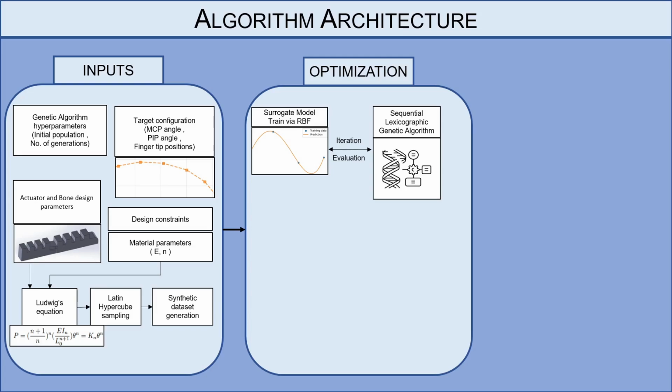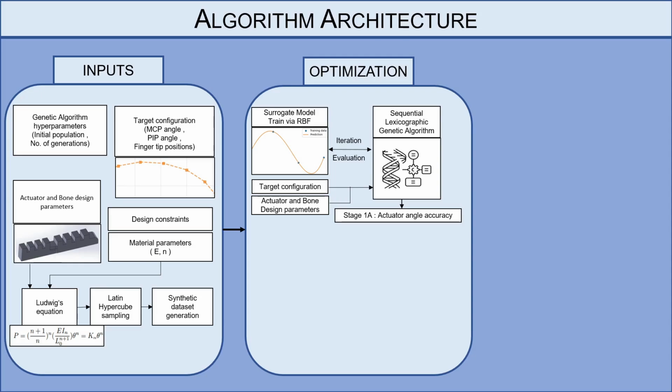This surrogate model helps us find that actuator bending angle as it is trained on the Ludwig equation. So the surrogate model is acting like a quick evaluator. We are also transferring the target configurations and actuator and bone design parameters into this genetic algorithm. Overall, this genetic algorithm has been divided into multiple stages.